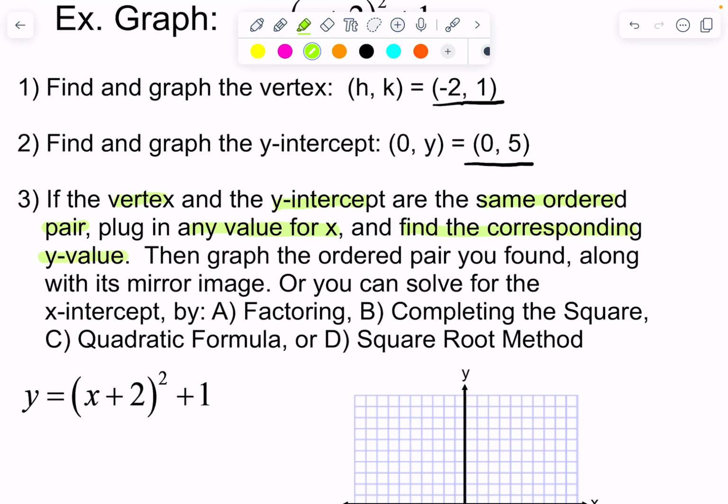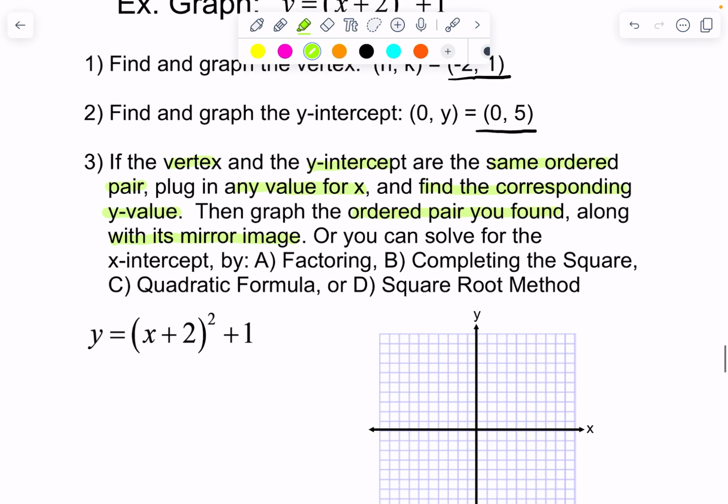Then graph the ordered pair you found along with what's called its mirror image. Or you can solve for the x-intercept by factoring, completing the square, the quadratic formula, or the square root method, and that will give you the x values on the x-axis, and you can use that as an extra set of points as well.